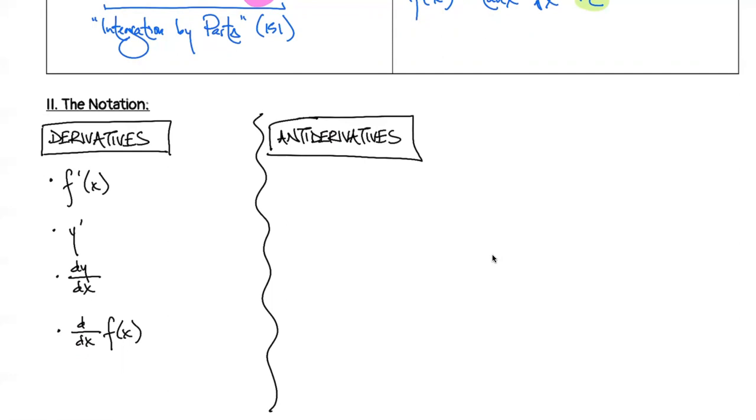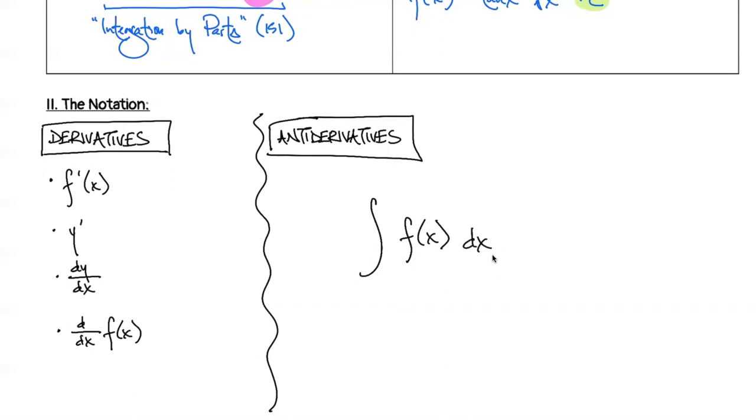So our notation is going to look something like this. We're going to have a squiggly. We call that the integral symbol. We're going to have a function. And at the end, I'm going to be so picky about this. You better have a dx at the end. And that activity, that approximating area activity, that ties into why we need that dx at the end.